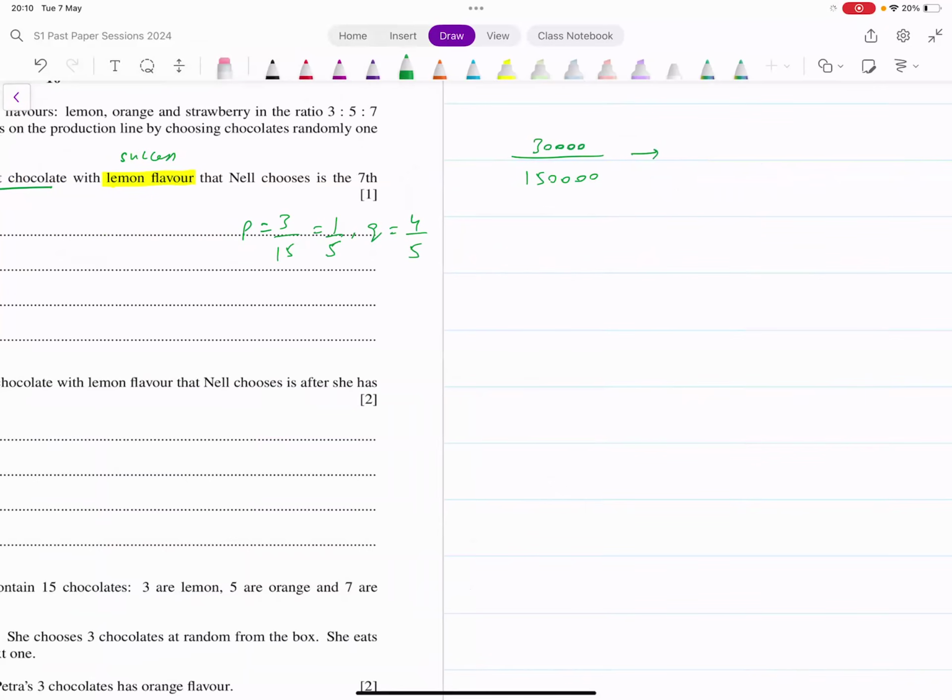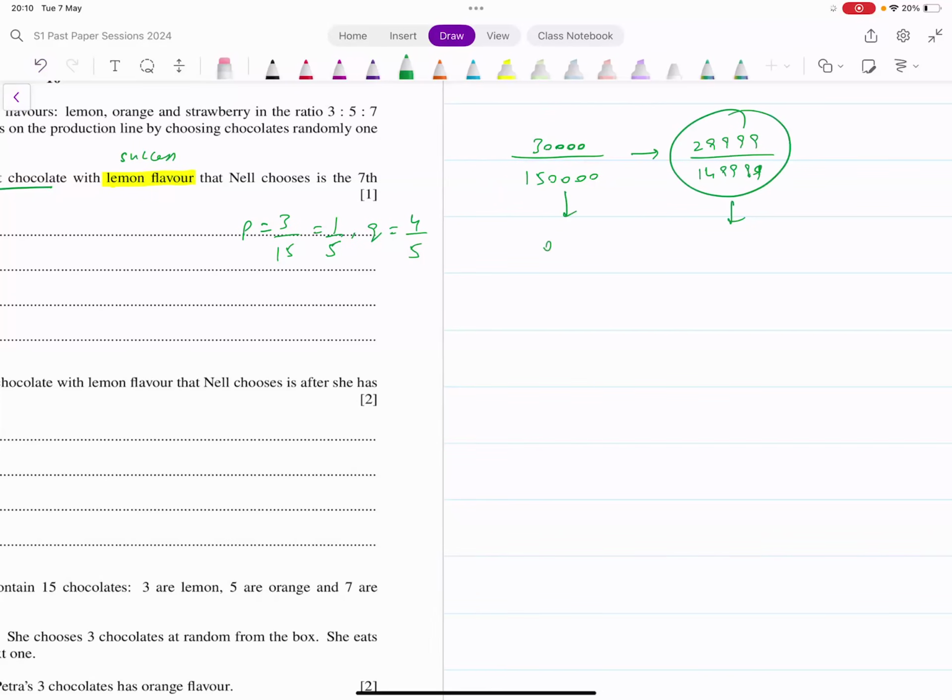Now, even if you take one chocolate out from this, what's the probability of getting a lemon chocolate the next time? 29,999 divided by 149,999. That is the probability of getting a lemon chocolate the second time, given that you got a lemon chocolate the first time. Evaluate this on your calculator.